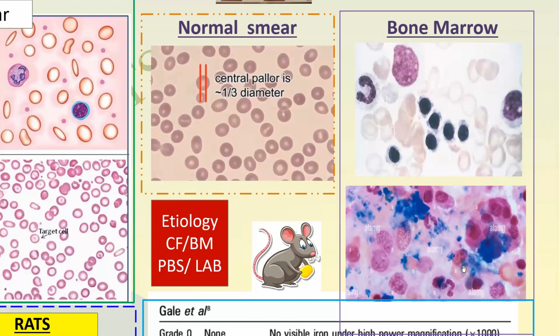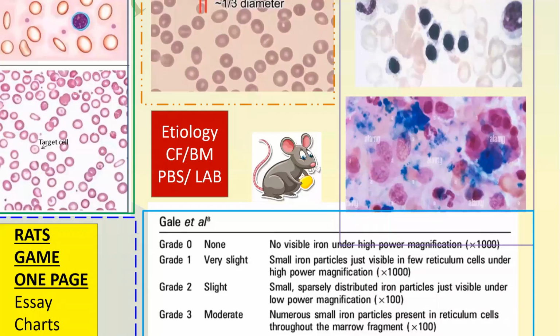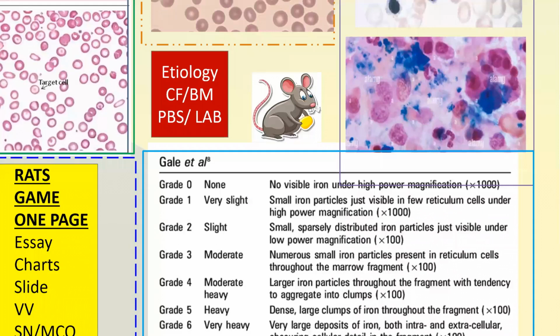This is called Perls' Prussian blue stain, which stains the iron blue. This one you should answer. In a normal case or in a case of hemolytic anemia, the iron stores can be increased, whereas in a case of severe iron deficiency anemia, it is almost depleted.